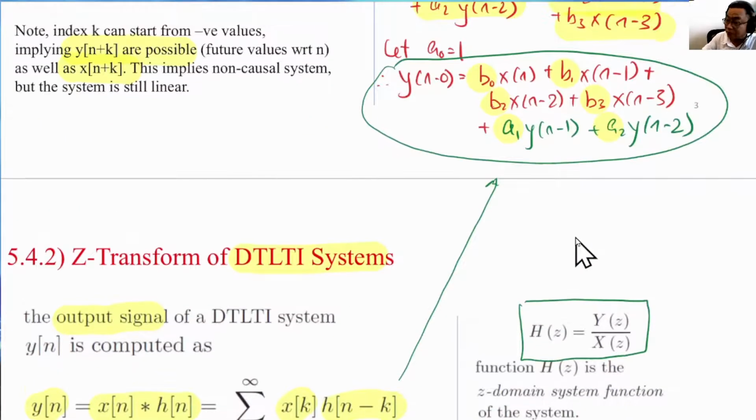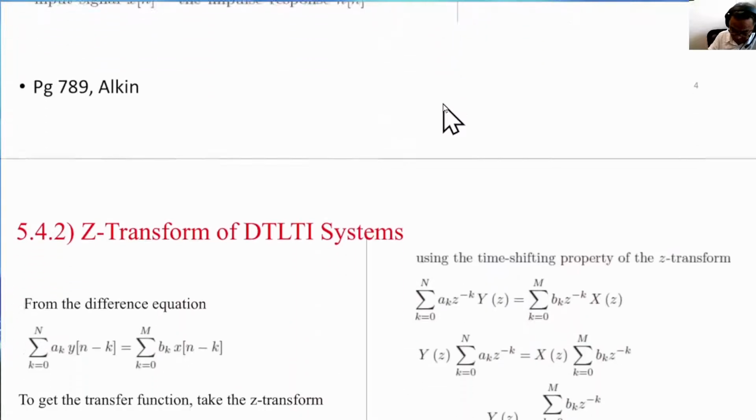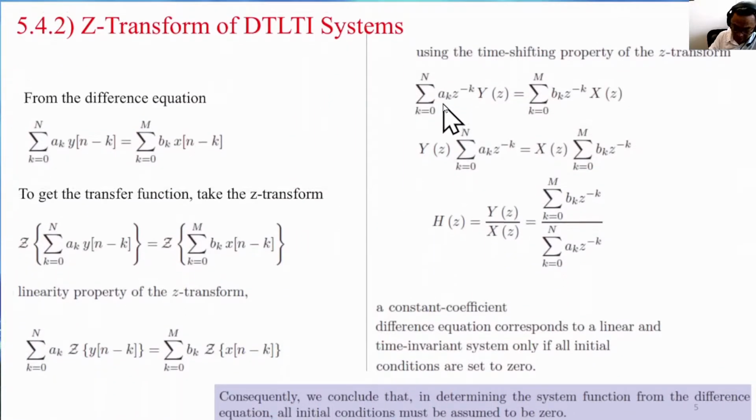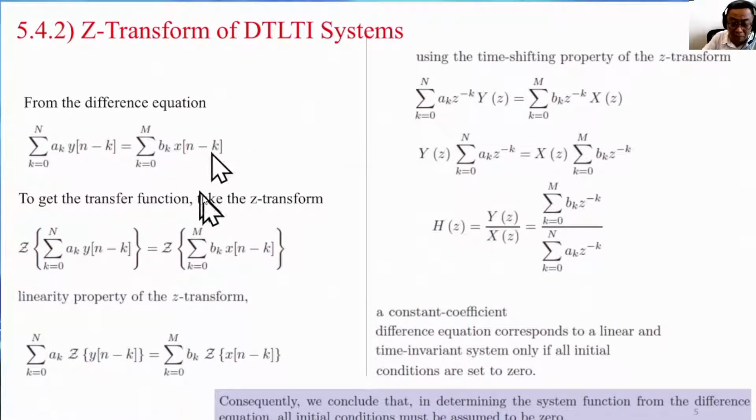So now the question is how to find H of z. To do that, we're going to begin with the difference equation and perform the Z transform. Let's see how. On the right hand side, you can see the original difference equation we have, which is relating the y's with the x.